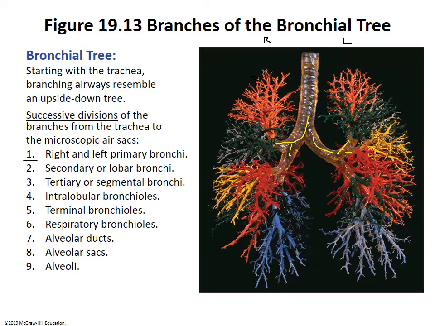As it does that, these branches are going to go into the lobes. And so the secondary bronchi is sometimes called lobar bronchi because they will branch and go into each lobe.